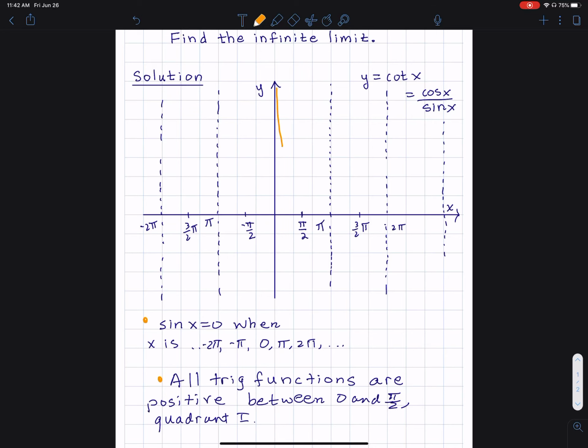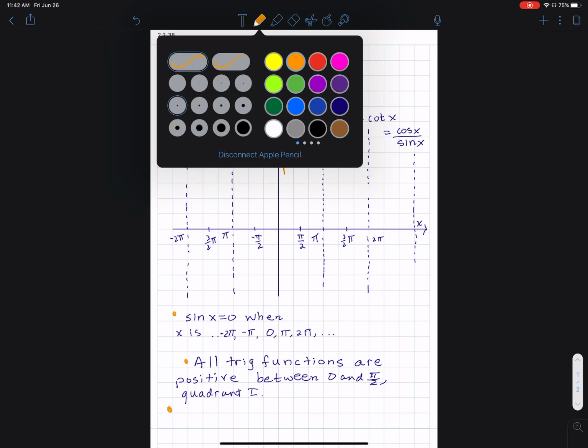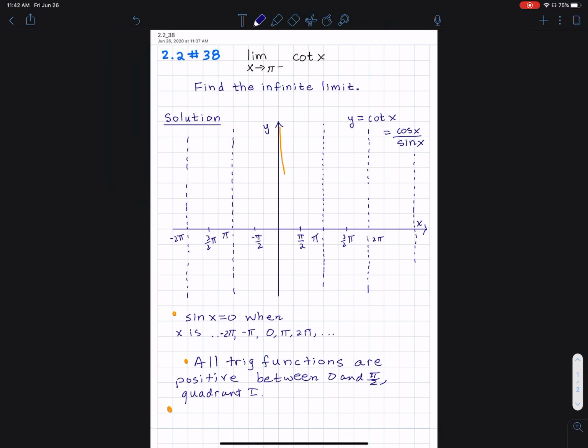I also want to fit in here, maybe I will zoom out more, this other fact, which is that cosine x is equal to 0 when x is equal to pi over 2, but also 3/2 pi, dot, dot, dot, but then negative pi over 2, dot, dot, dot in the other direction.